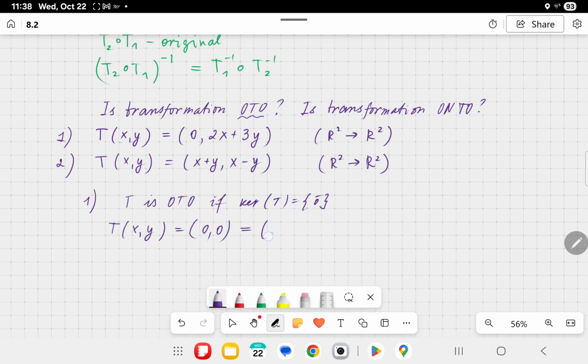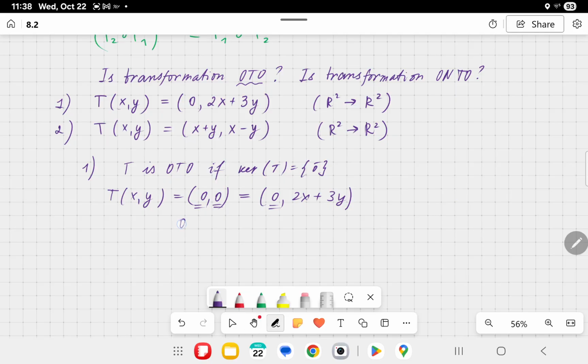Well, let's write it down. 0, 2x plus 3y. So for which x and y are we going to have the second 0? The first 0 we are going to get automatically, right? Going to write down 0 equals 2x plus 3y, from where y equals minus 2x over 3. So actually we are going to have a bunch of vectors.